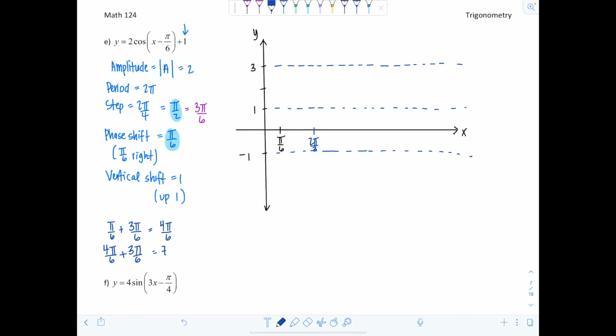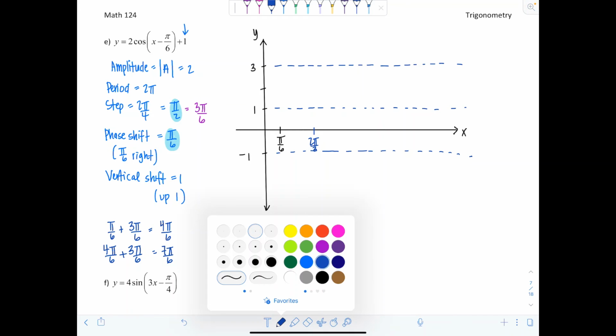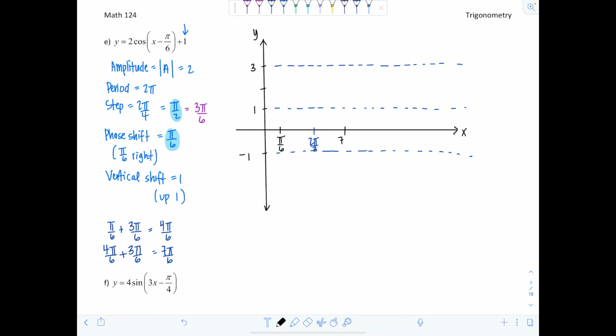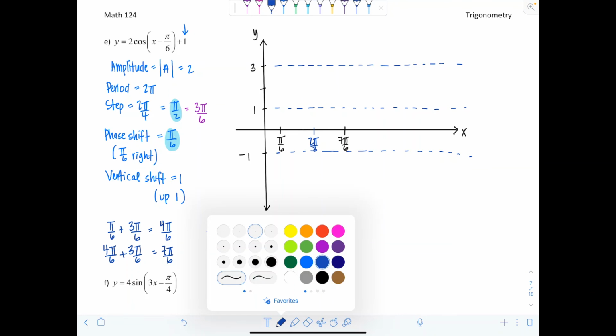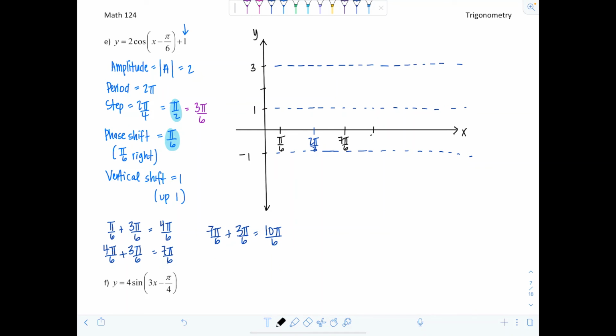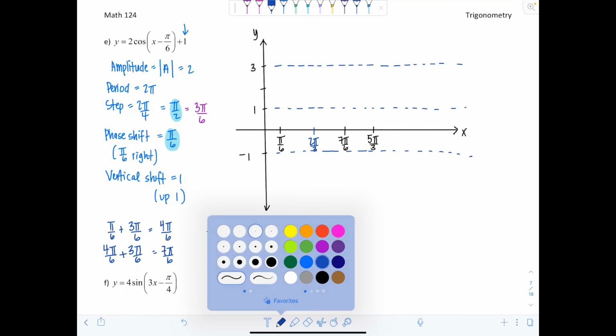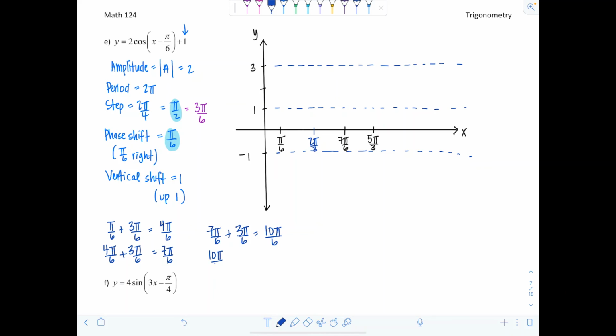Now that's 7 pi over 6. So 7 pi over 6. Then take 7 pi over 6. Add another step, 3 pi over 6. That's 10 pi over 6. I'm not writing 10 pi over 6. I'm writing 5 pi over 3. And then I need one more. So 10 pi over 6 plus 3 pi over 6, that's 13 pi over 6.